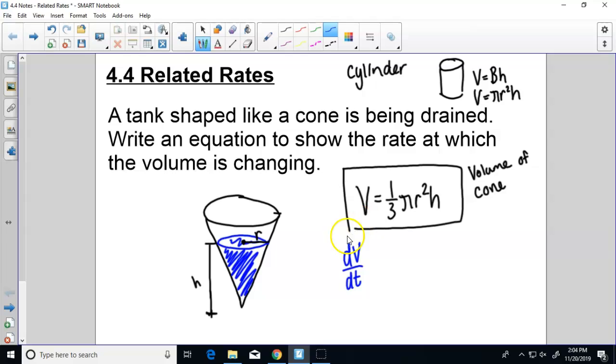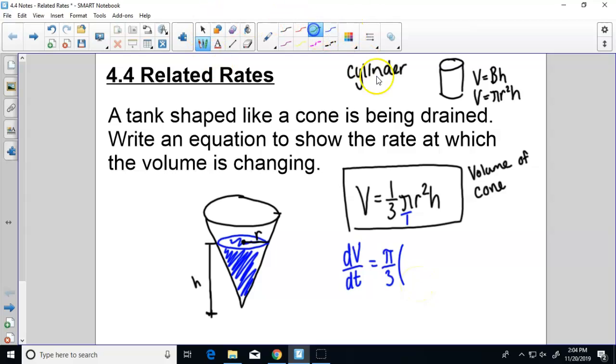And then over here, I would have to take the derivative. 1/3 pi, that is just the coefficient, right? Is it okay with you guys if I write it as pi over 3? That'd be the same, right? Because it's like pi over 1. That is just the coefficient. I'm going to leave it out front so I don't have to mess with it.